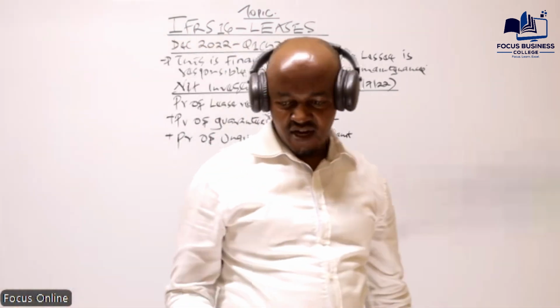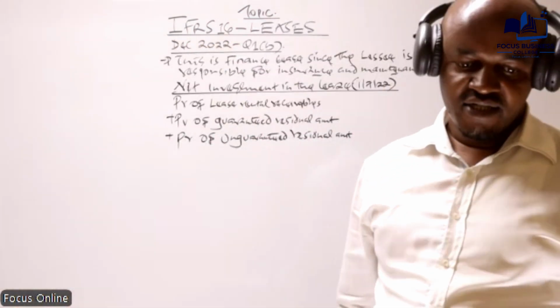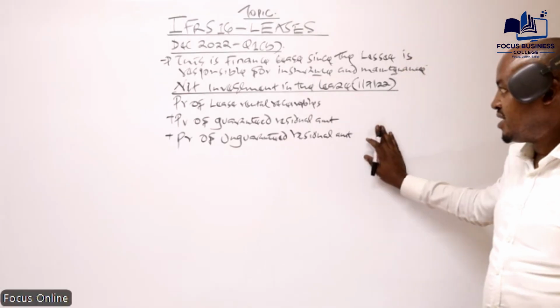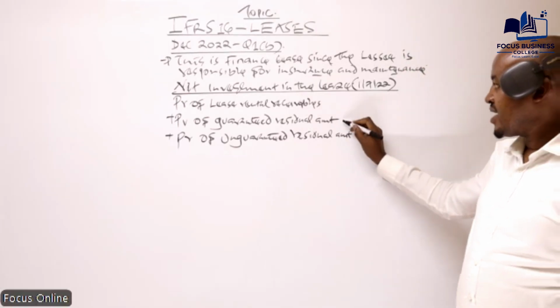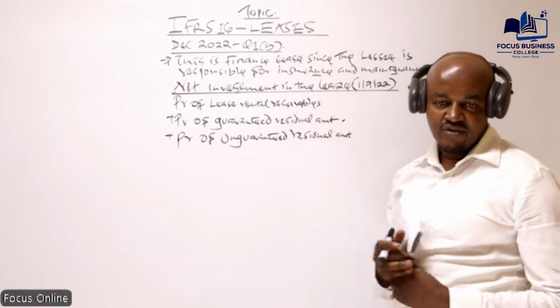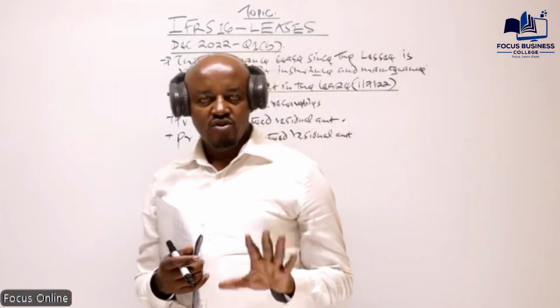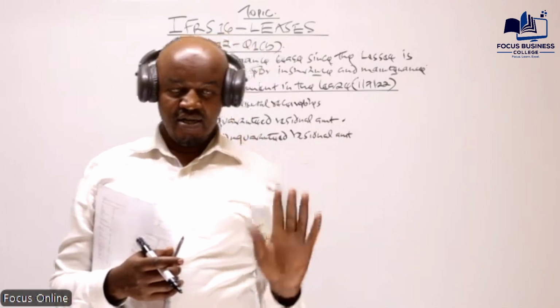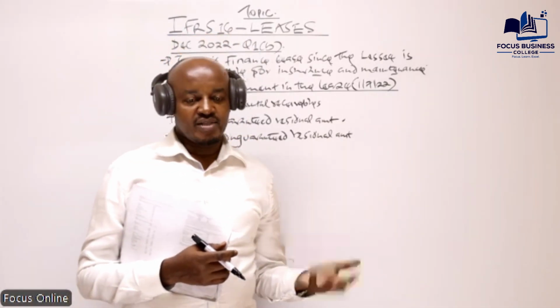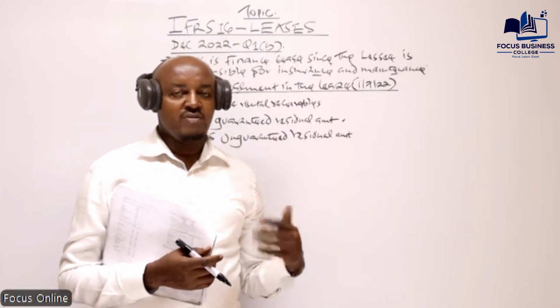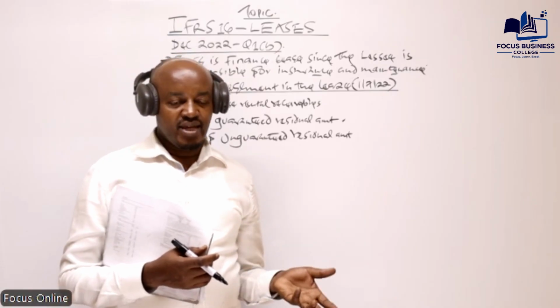I've explained what the guaranteed residue amount is, and what the unguaranteed residue amount is. Basically, the guaranteed residue amount will only be given where there is an agreement between the owner of the asset, the lessor, and the lessee that at the end of the lease term the asset will be purchased by the lessee. How much will the lessee pay when buying the asset?